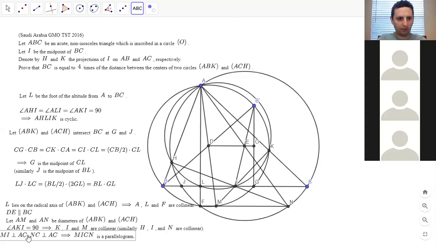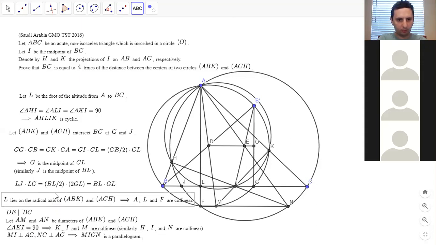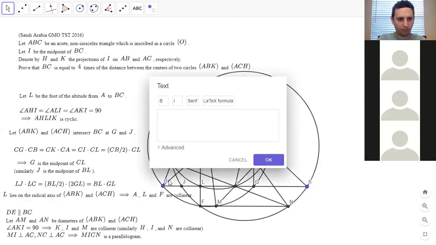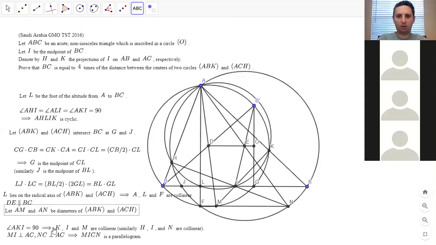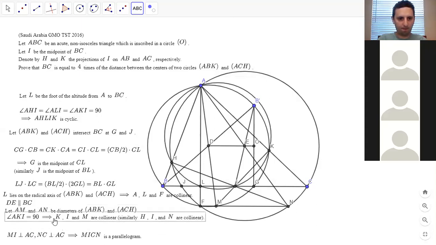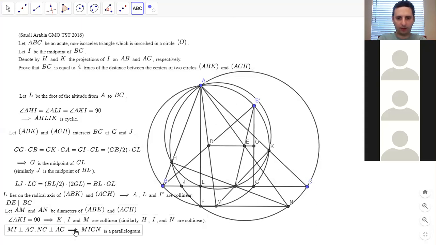And then that means, so I'm running out of room here, but we'll just move that up a little bit. Then we have MN is parallel to BC is parallel to DE.